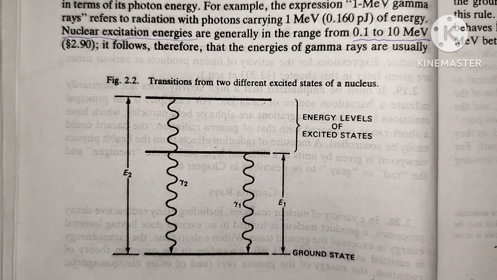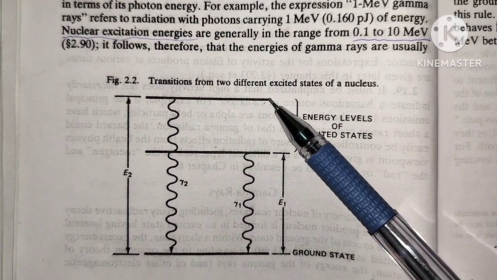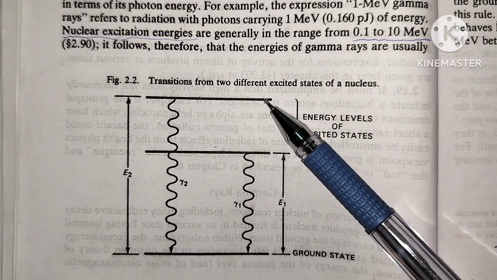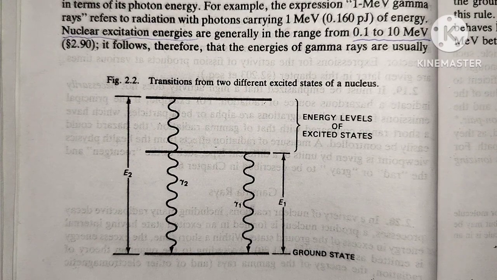This transition occurs with high probability. But for the nucleon in the second excited state or even higher, from second excited state to the ground state, this probability is very less. Why?